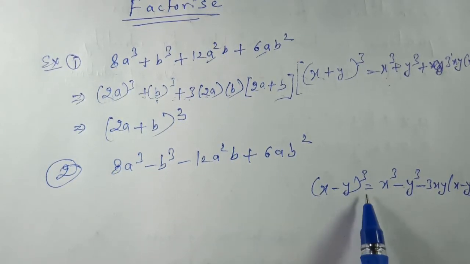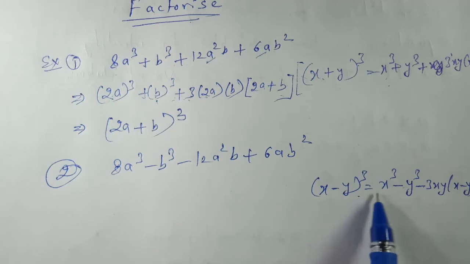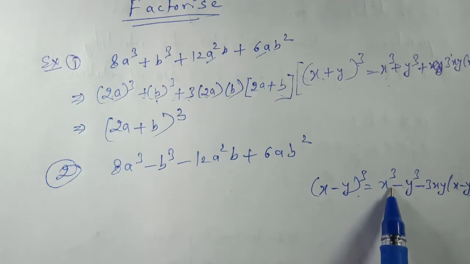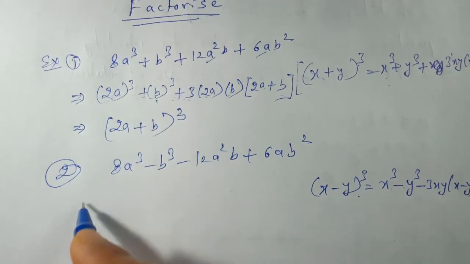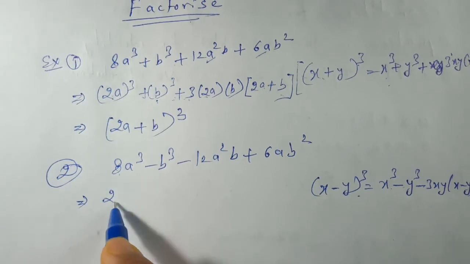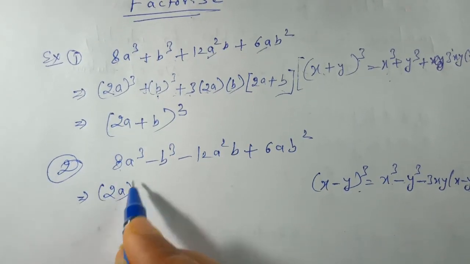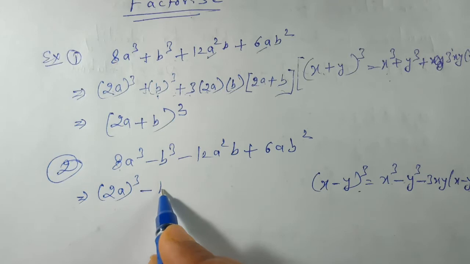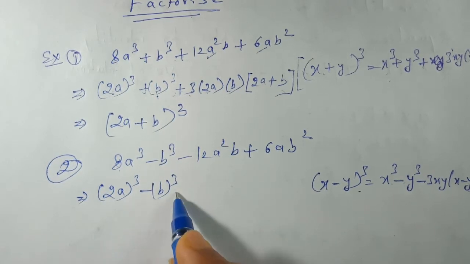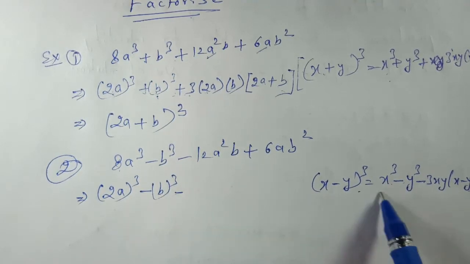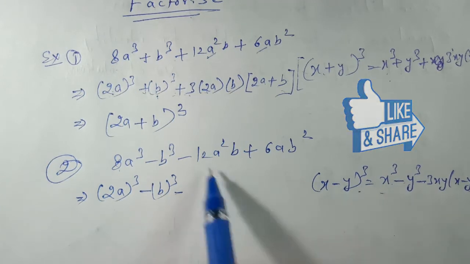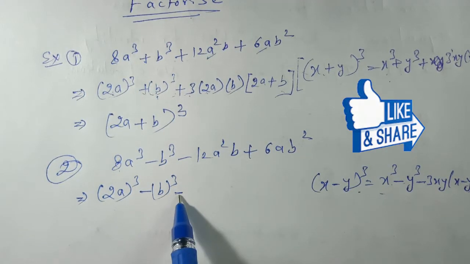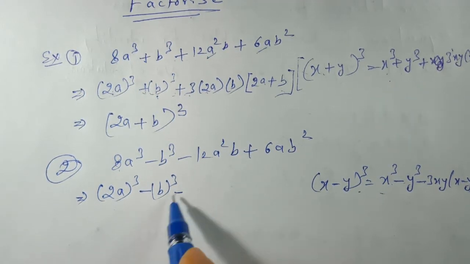So what we have to do is check the proper form of the right hand side portion. Let us do it. 8a cube can be written as (2a) whole cube, minus sign is there, let it be (b) whole cube, minus. Then we have to follow the identity. We don't have to look here, we'll check it later when we complete it.